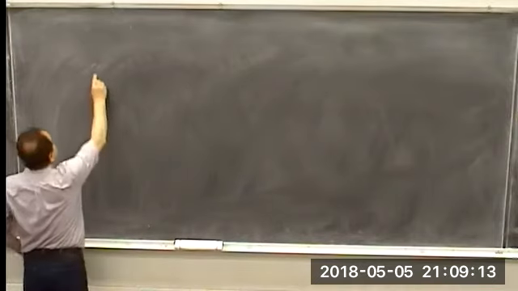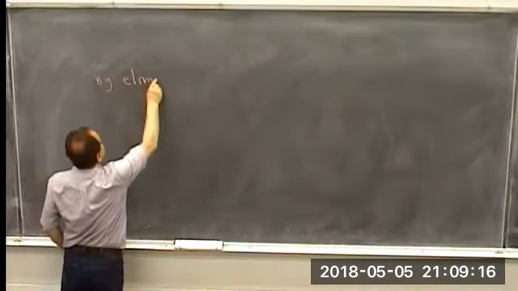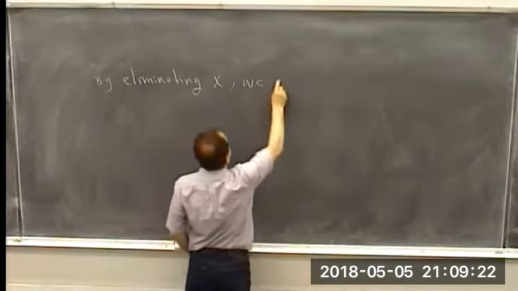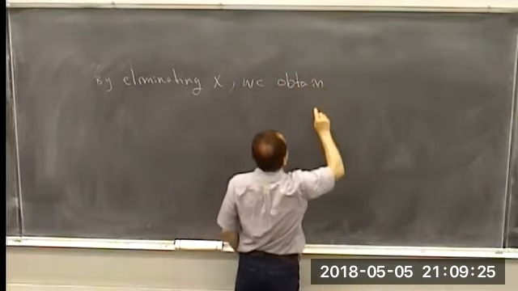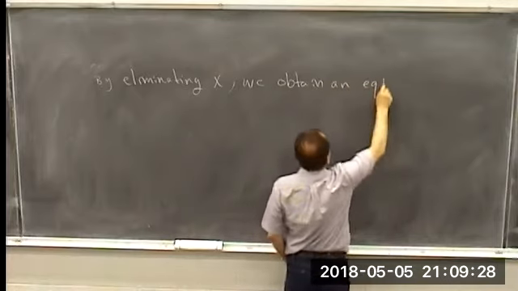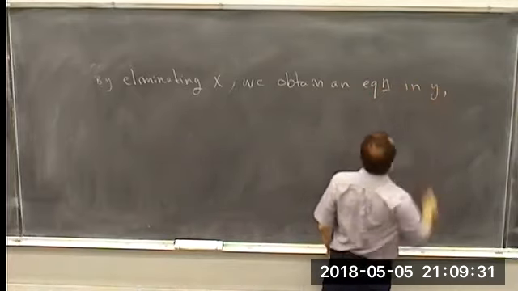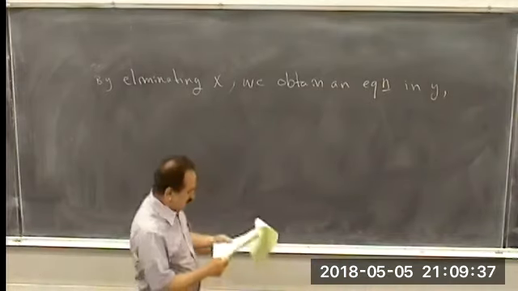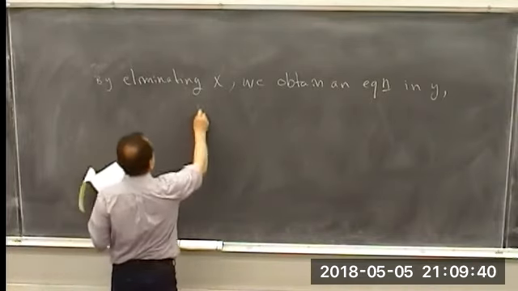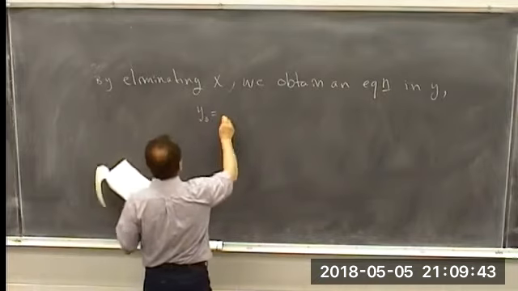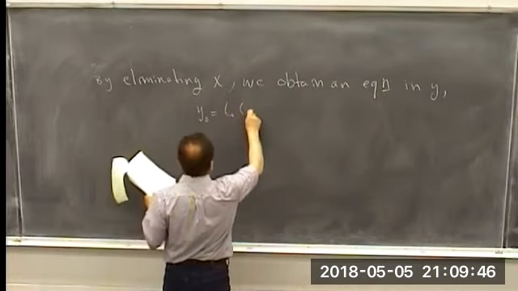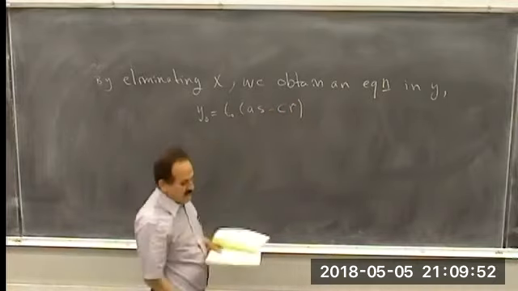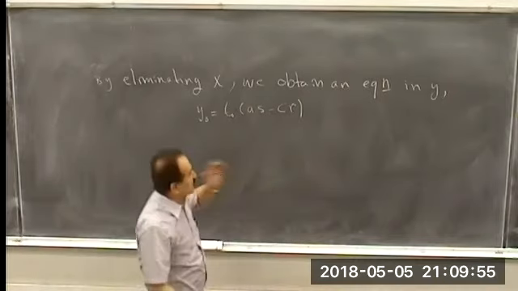So by eliminating x, we obtain an equation in y. And by solving this in a similar way, this is the solution we obtain for y sub 0. So y sub 0 is equal to t sub 0 times (AS minus CR), the same t sub 0 that solved the equation for z.